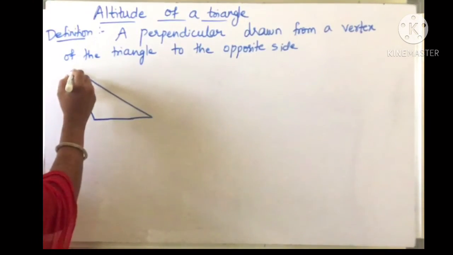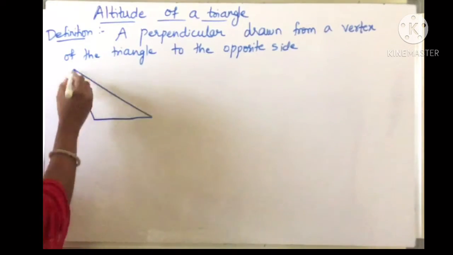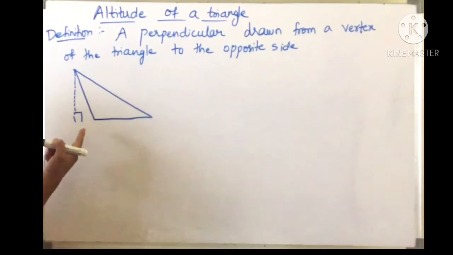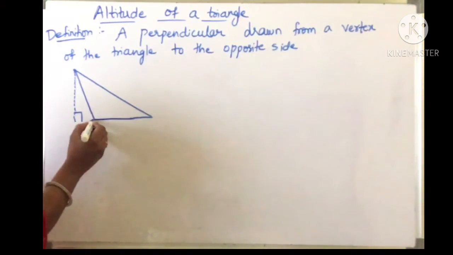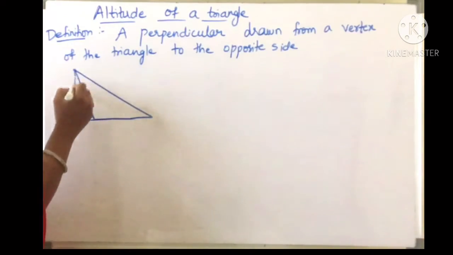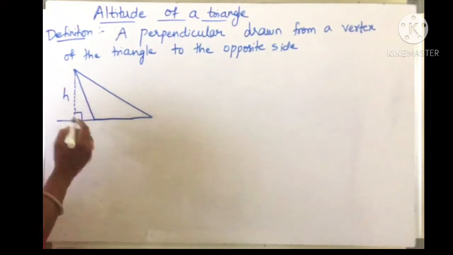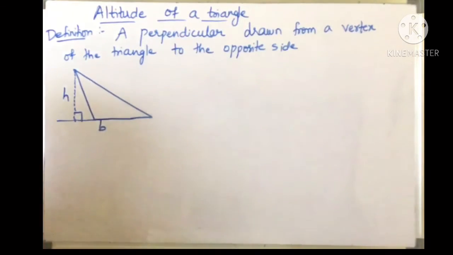If I draw an altitude from the vertex to its opposite side, the altitude will come outside. So for such triangles, the base is extended, and then a perpendicular is drawn from the opposite vertex to the base. Here this is height and this is called the base. This is nothing but height or altitude.